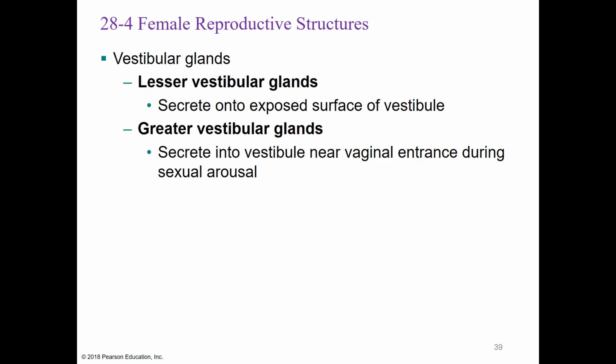Vestibular glands include the lesser and the greater vestibular glands. The lesser vestibular glands will secrete onto the exposed surface of the vestibule, and the greater vestibular glands will secrete into the vestibule near the vaginal opening during sexual arousal.